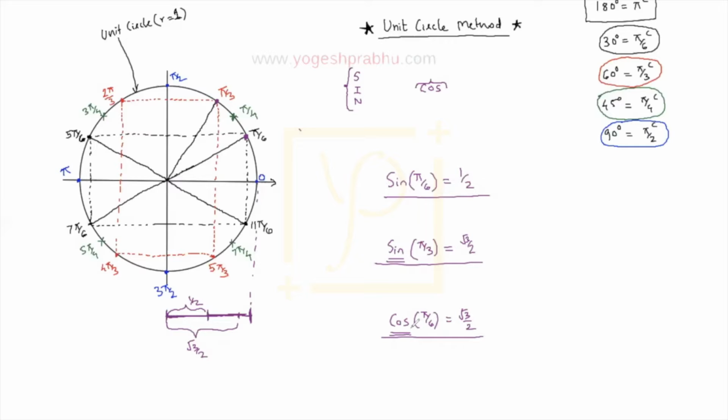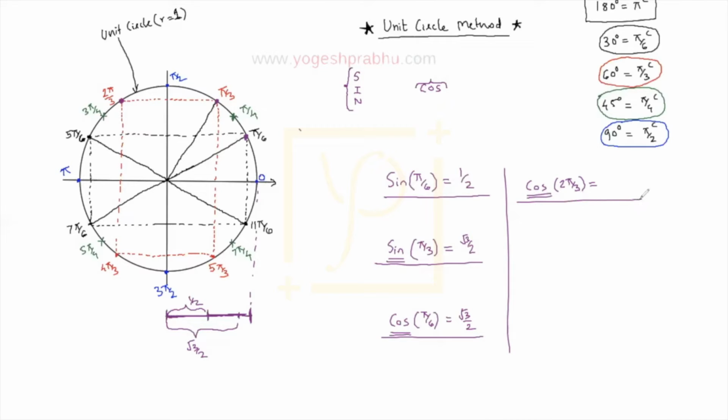Now before we go to the next one, I just want to quickly explain one very important point here. Supposing I want to find out, say, cos of 2 pi by 3. Let us all do this. Now when I want to do cos of 2 pi by 3, first the angle 2 pi by 3 is over here. And I want to find cos.